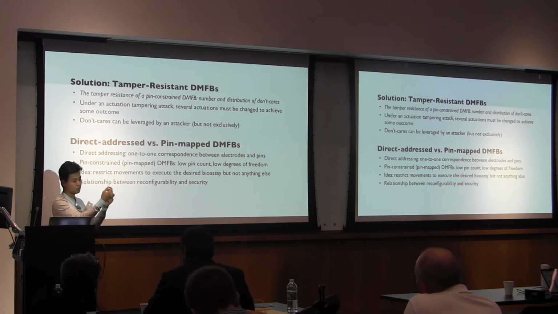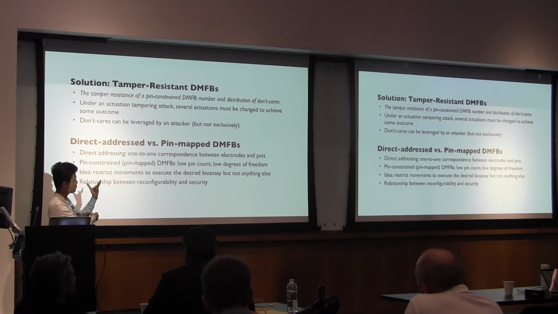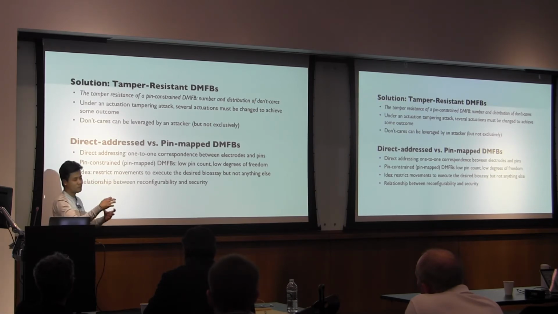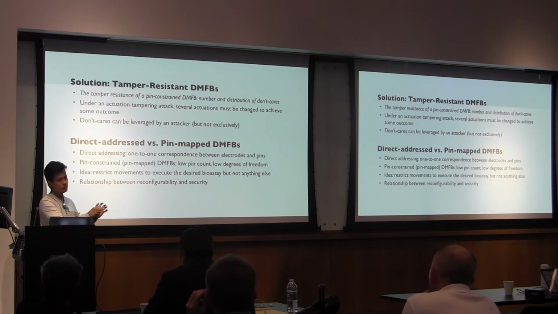Otherwise, you'd have to do a direct correspondence between each electrode and its driving signal, which could really balloon to the thousands or more and make it impractical for implementation. So using this concept of a pin mapped DMFB, you group them together, use some algorithm to figure out how you can do this, and then you send them the same signal. And when you do this, you actually restrict the degrees of freedom for the droplet movements, right? You can't just arbitrarily move droplets around.